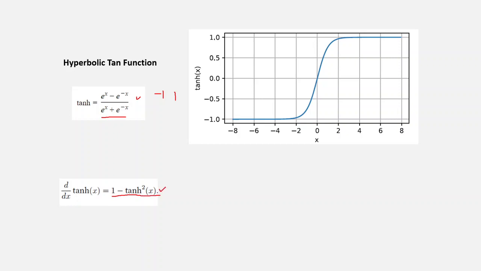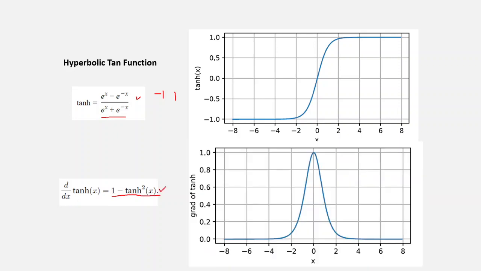So when we plot the gradient of the tanh function, what we see is it's just like the sigmoid. At the point 0, the maximum is reached in this gradient and that value is 1, and as we approach higher values in any of the quadrants, the positive or the negative quadrant, the value approaches 0.